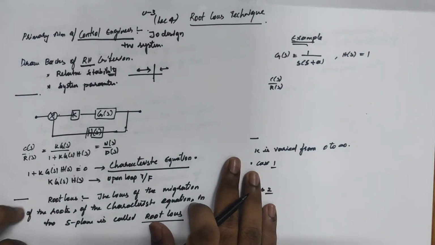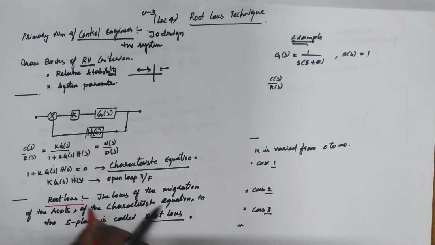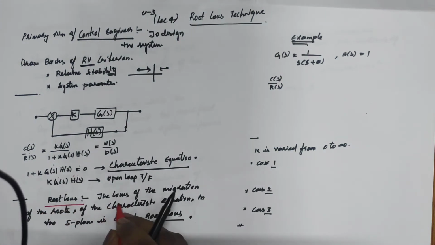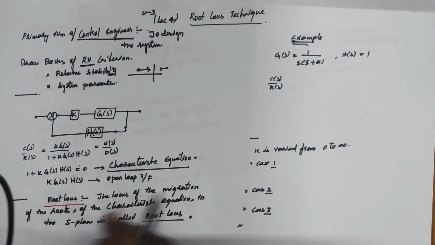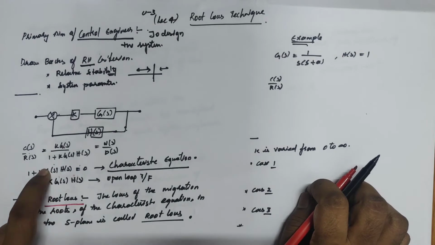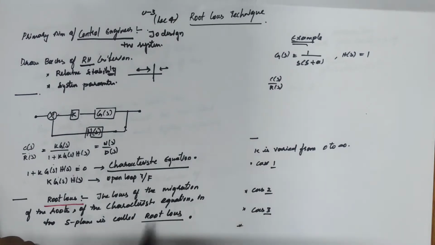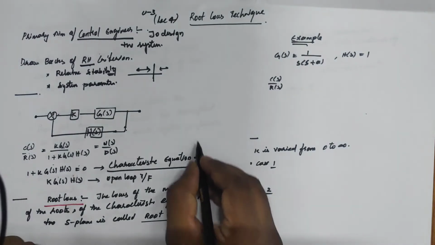Now actually what is the Root-Locus? The Root-Locus in general is defined as the locus of migration of roots of the characteristic equation. So this is my characteristic equation. The locus of migration of the roots of the characteristic equation in the S-plane is called Root-Locus. You know what my S-plane is.